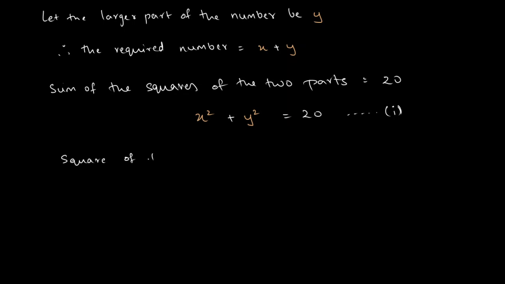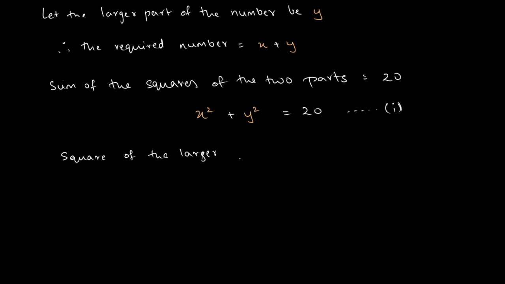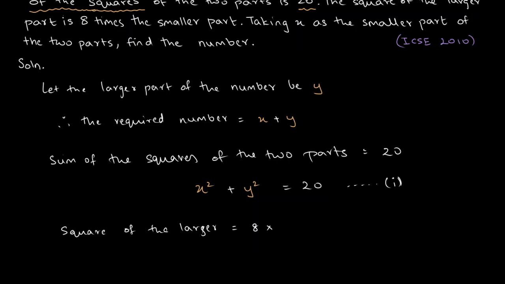The square of the larger part is 8 times, which can be considered as an equal to sign, 8 into the smaller part. We're using the second sentence here.